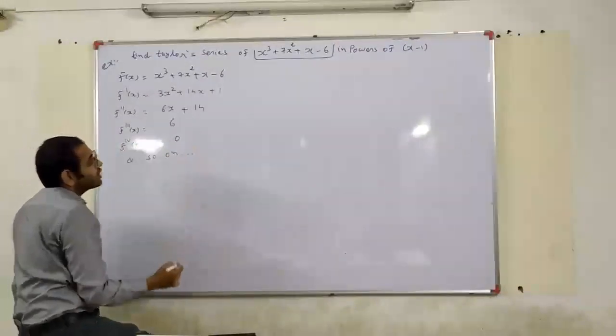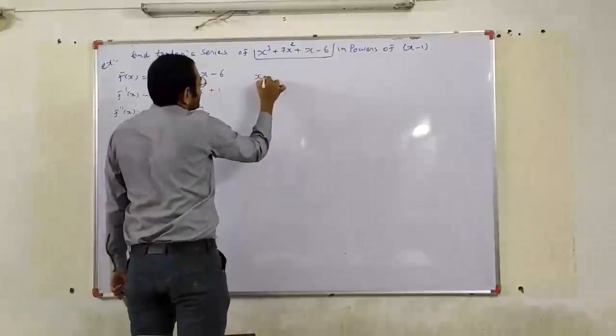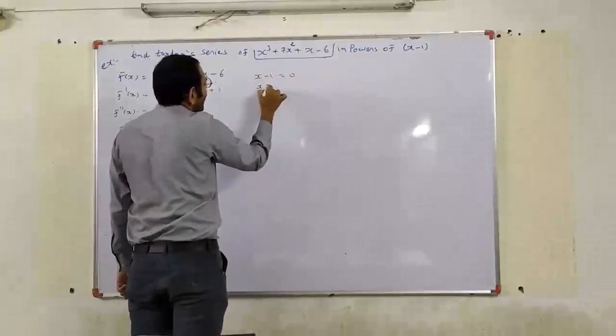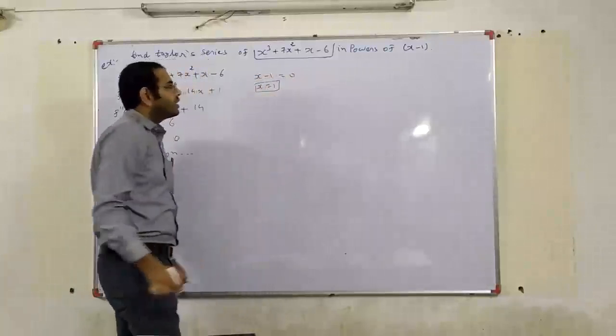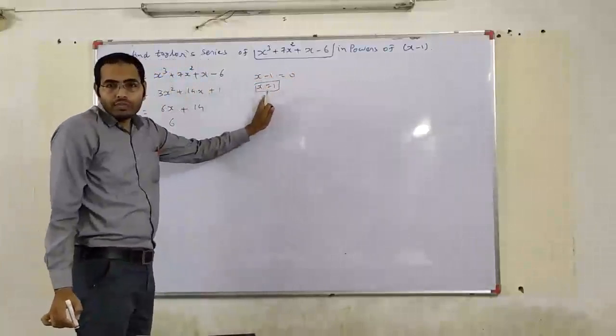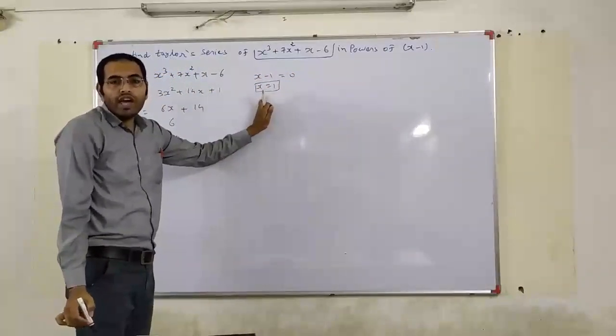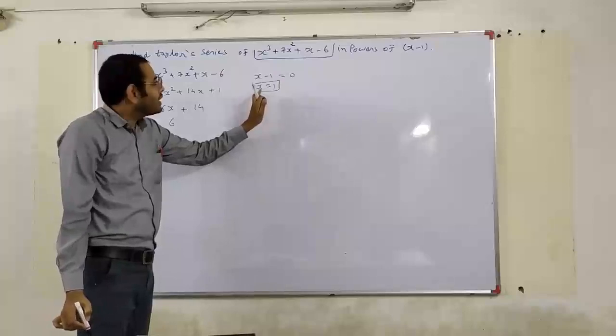Now, in powers of x minus 1, x minus 1 equals 0, so we get x equals 1. That is the position. At this particular position, we have to find the Taylor series.